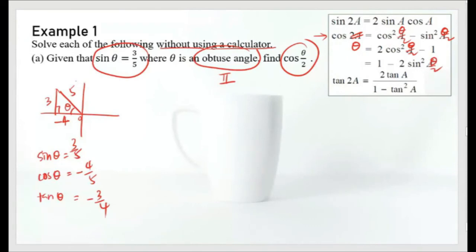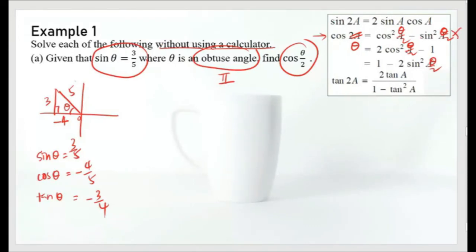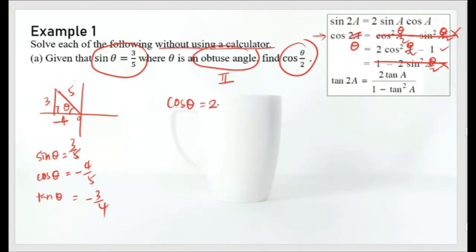This one has cos theta and sin theta, so it is not suitable. This one has cos theta over 2, yes. This one has sin theta over 2, no, not related. So we only have this one, which is more suitable. So right now, cos theta equals 2 cos square theta over 2 minus 1.